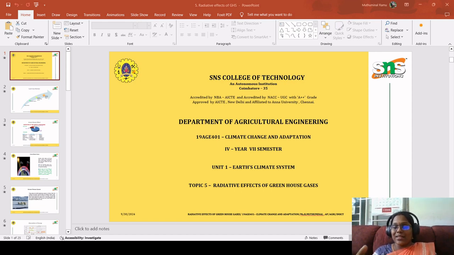So most of the UV radiation emitted by the sun is absorbed by the ozone layer, because UV radiation is harmful to humans, and if it reaches the earth's surface, it can cause serious diseases to living beings. So this is how the energy is balanced, by absorbing the solar radiation while reaching the troposphere itself.